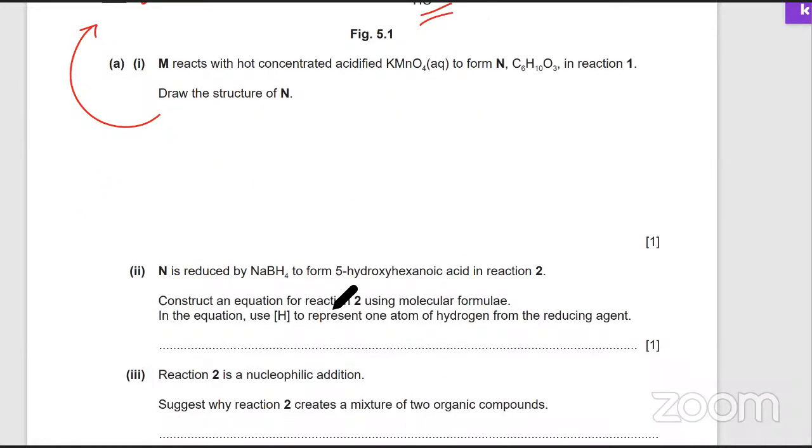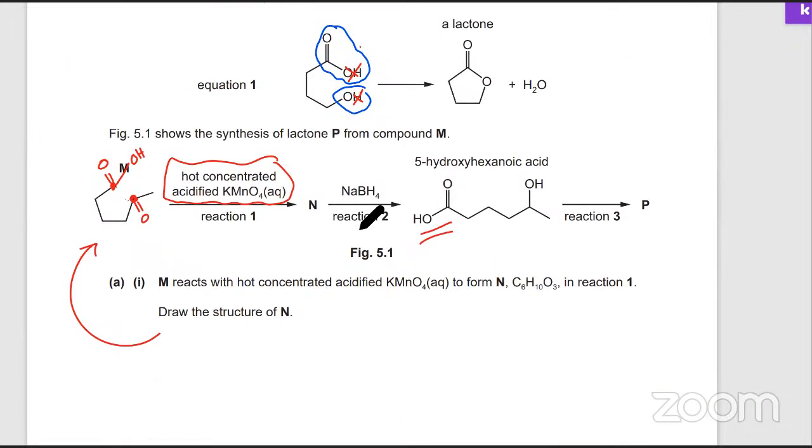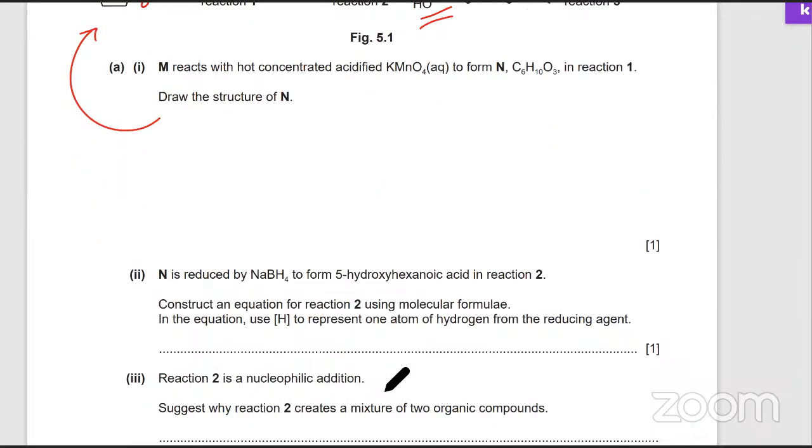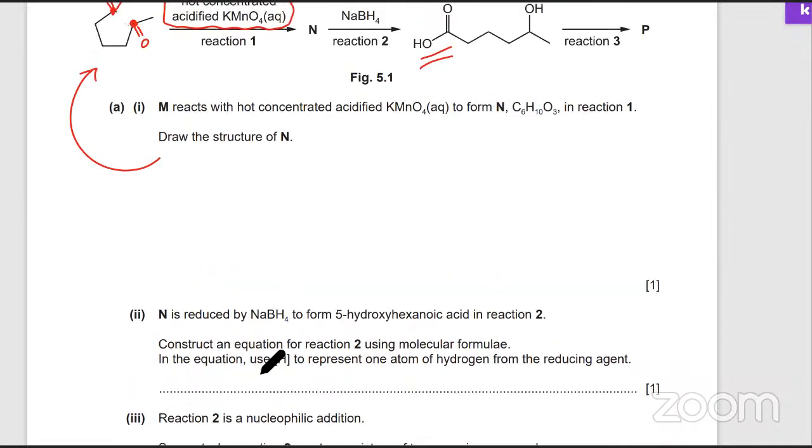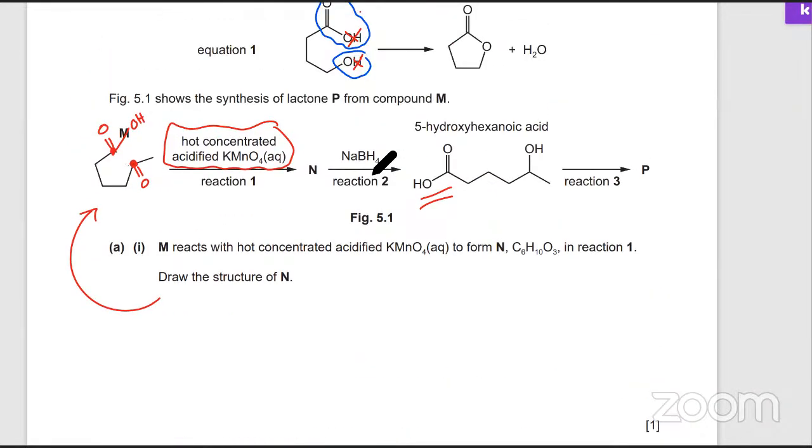So construct an equation for reaction 2 using molecular formula. So reaction number 2, ये वाला. And he's saying कि 5-hydroxyhexanoic acid, ठीक है। So basically you have to write an equation for this. तो N क्या चीज है, that's a carboxylic acid. ये क्या, that's CH2.